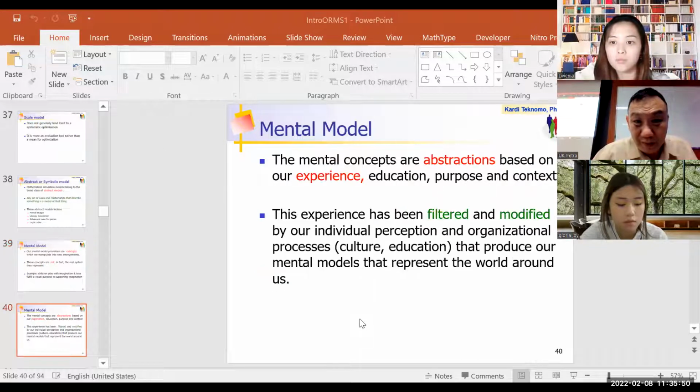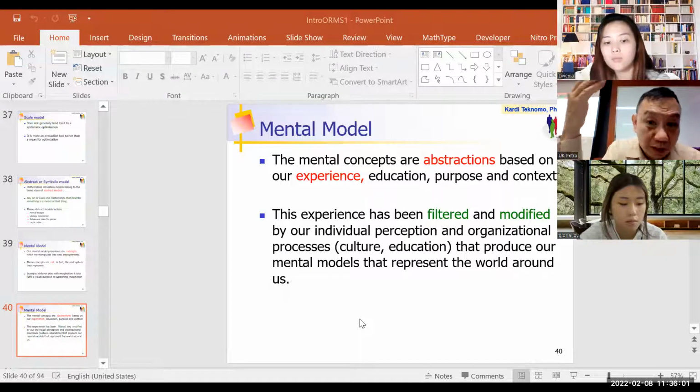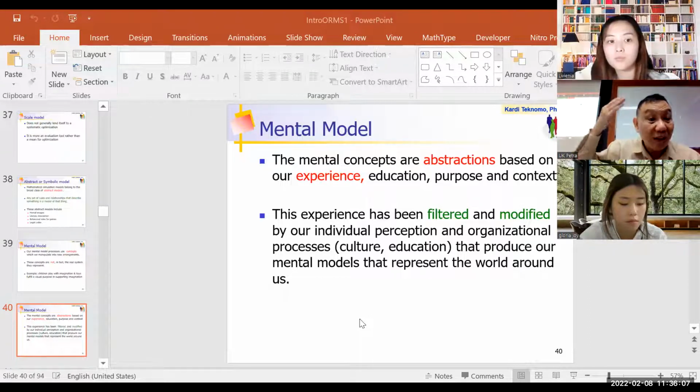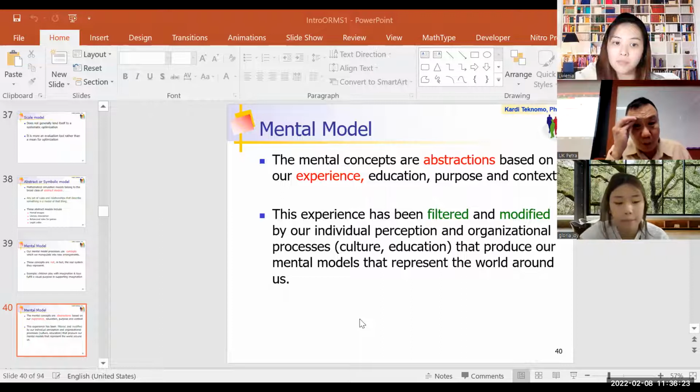So our mental concepts are abstractions based on our experience, our education, our purpose and context. This experience has been filtered and modified by our perception, sometimes by organizational processes such as culture and education. Our parents shape us, isn't it? So then we produce our mental model, how we see the world.